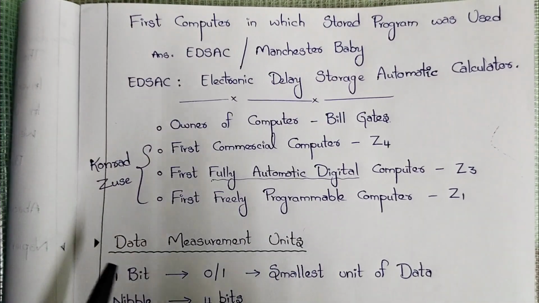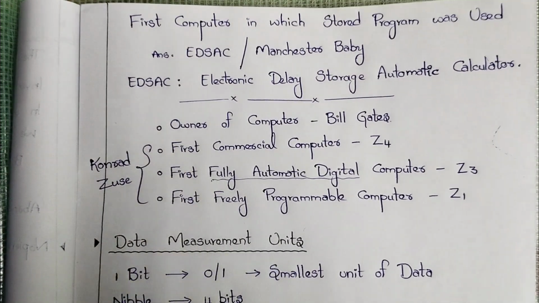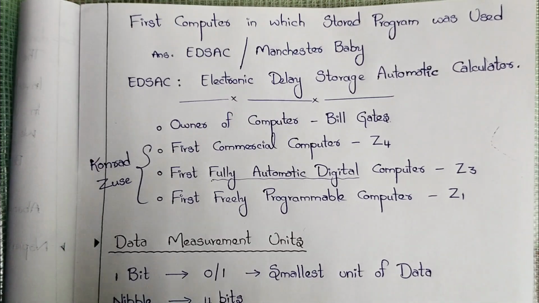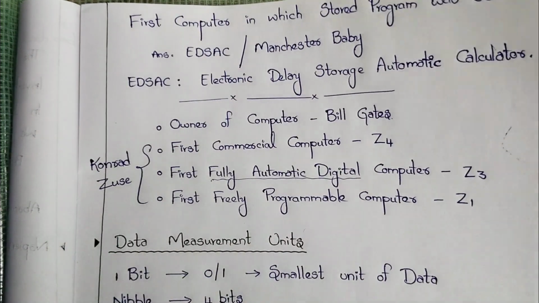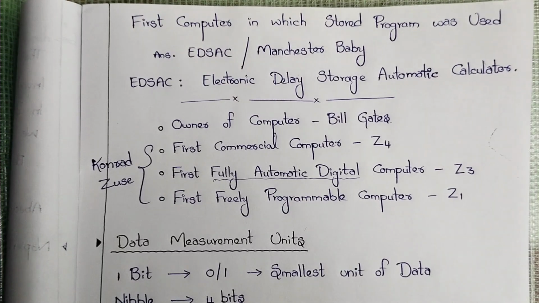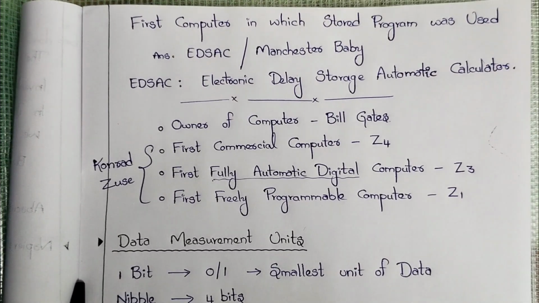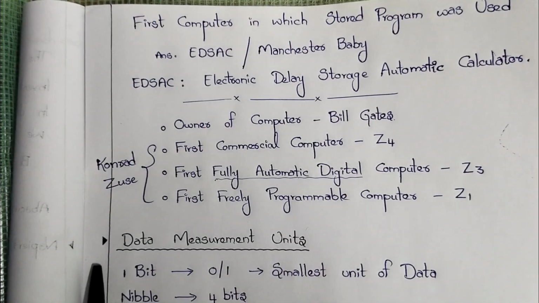So we discussed the abacus, Napier bones, and Pascaline, and then we discussed Charles Babbage, and then the punch cards.